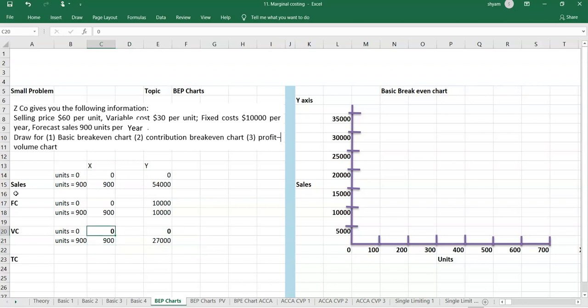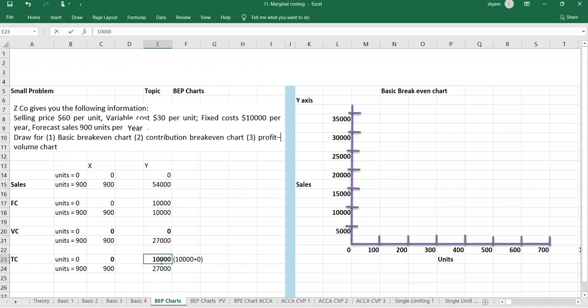In this chart we do not show the variable cost line. What we show instead is the total cost line, only the total cost line. So what would be the total cost? When we produce 0 units, the cost we incur is 10,000 of fixed cost plus 0 of variable cost, so this amount would be 10,000.